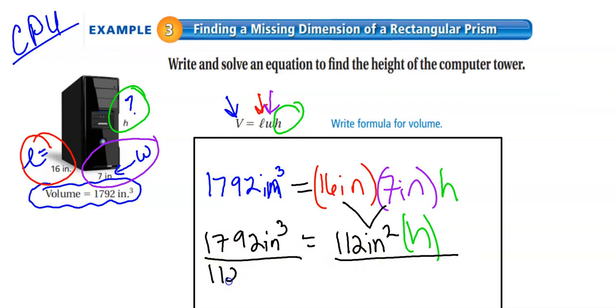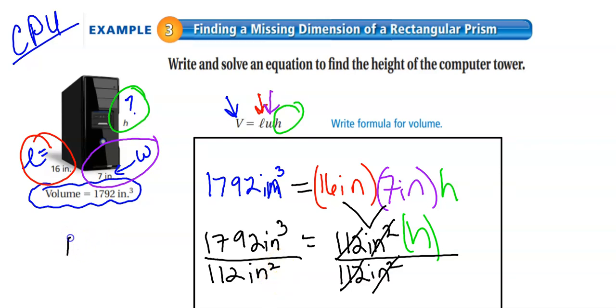But I'm going to use units just to get you thinking about the units canceling out here. So now the 112 cancels out, and the square inches cancel out. That leaves me with the h on this side, and now I just need to do the math of 1792 divided by 112. And what I get is 16.